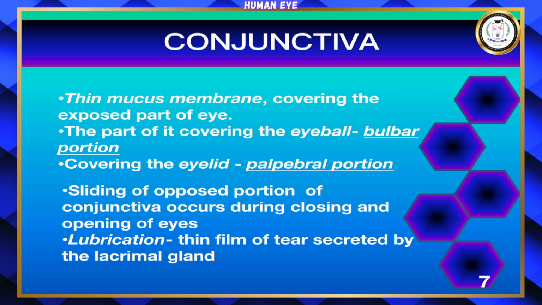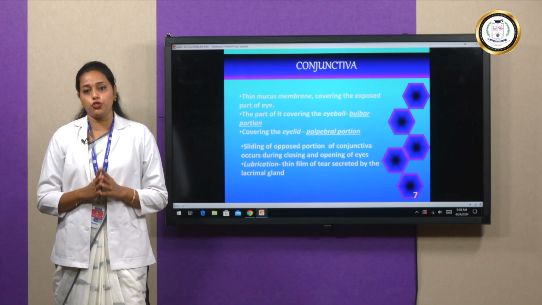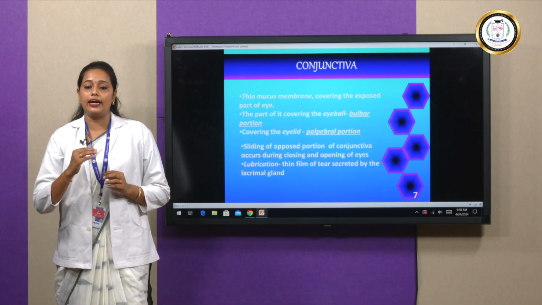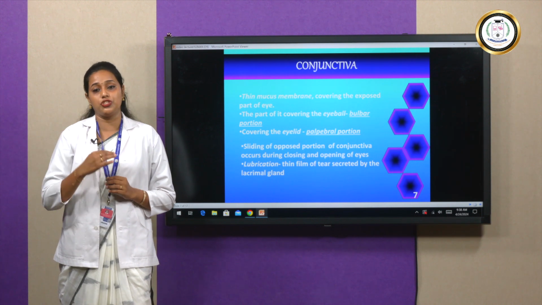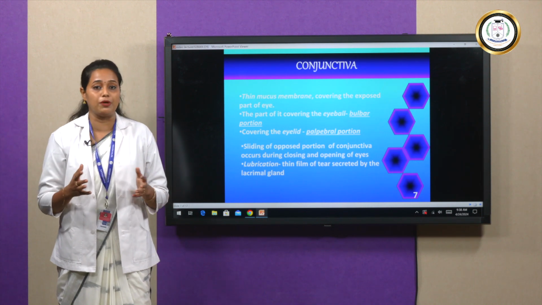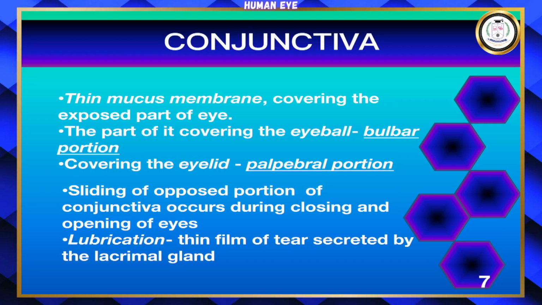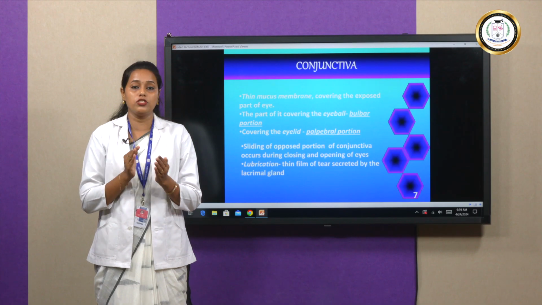Next comes the conjunctiva. The conjunctiva is a very thin mucus layer which surrounds only the anterior part, not the posterior part, of the eyeball. The conjunctiva is divided into two portions. The part covering the eyeball is called the bulbar portion, and the part covering the eyelid is called the palpebral portion. When closing and opening the eyes, these two portions slide in an opposed manner.